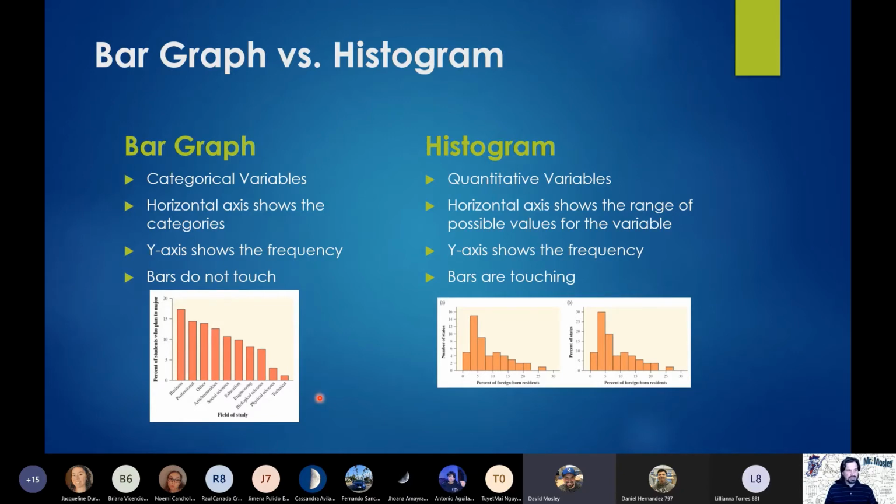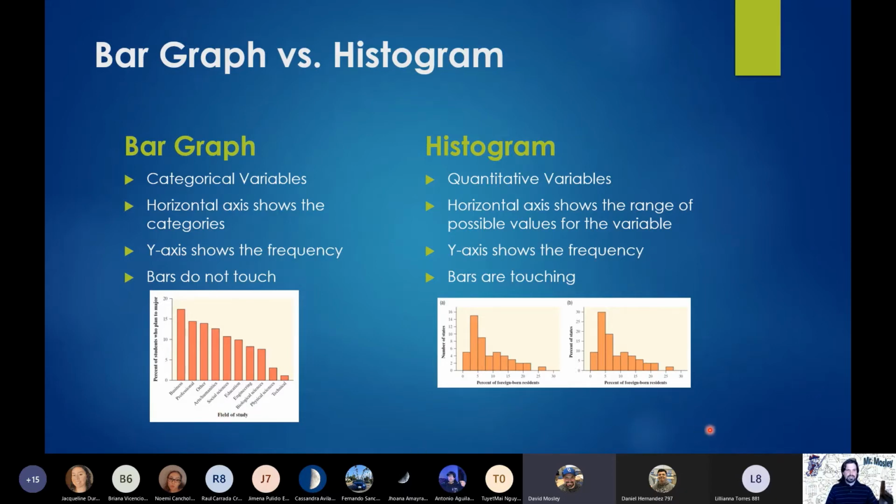That's because I can put these bars in any order I want and create any shape I want. I could arrange these categories, the fields of study, in alphabetical order, and the graph would look different. But I'm not misrepresenting the data, I'm just putting it in a different order. And I can, because there's no necessary order for those categories. It's not like numbers, where I can't jumble the numbers. I have to go sequentially from 0 on up, right?